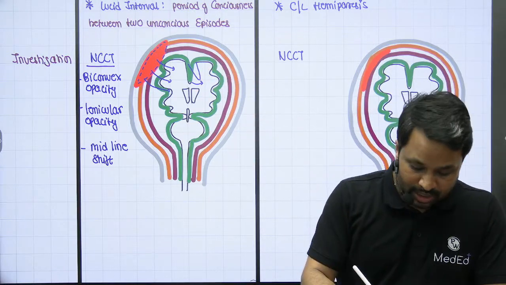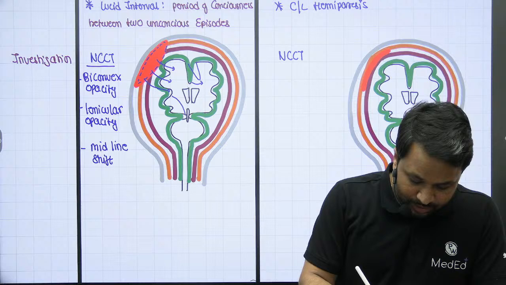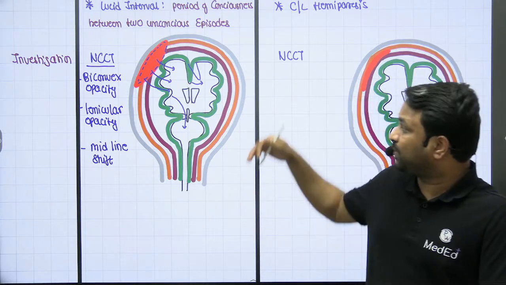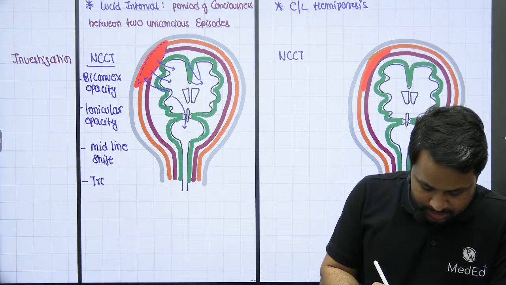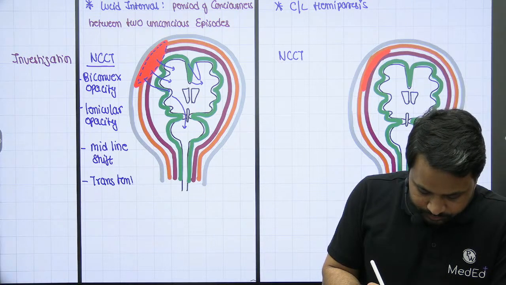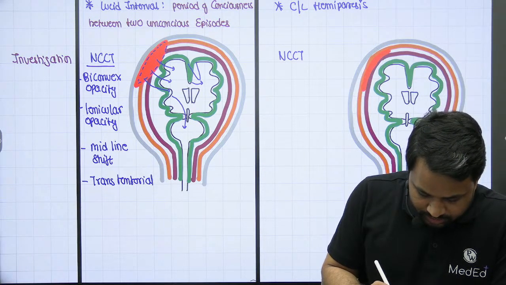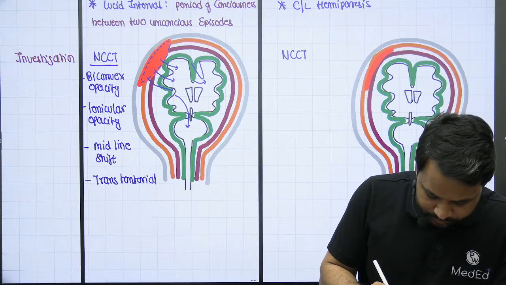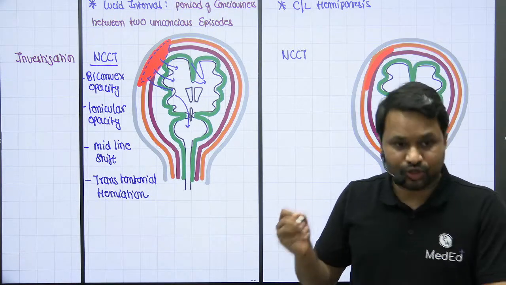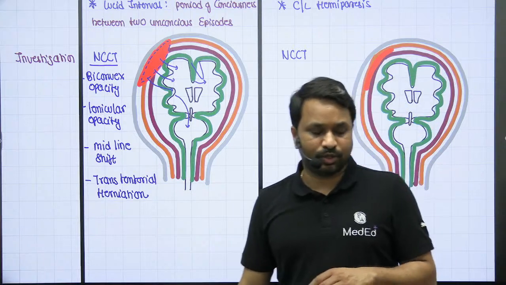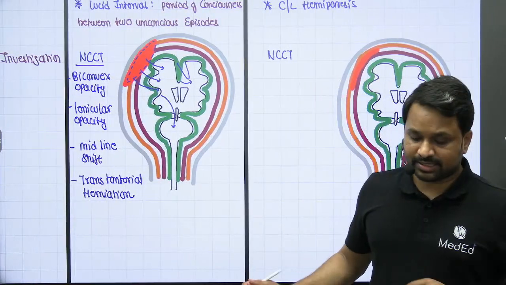You will notice that this brain parenchyma is going to herniate via the tentorial space. It is going to go down, and this is what we call a transtentorial herniation. So these are the findings on the NCCT.